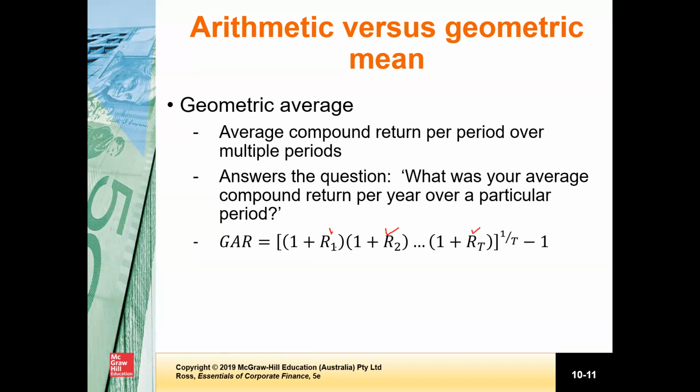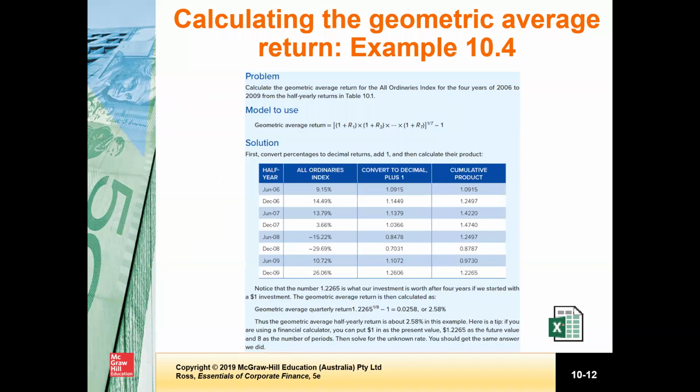So 1 plus the return component, we multiply them, and then we take a power of 1 by T. T is the number of periods. So this is one problem that is showing how you can calculate the geometric average.